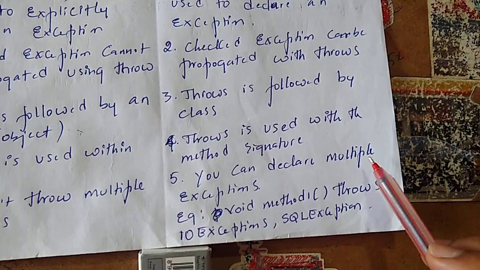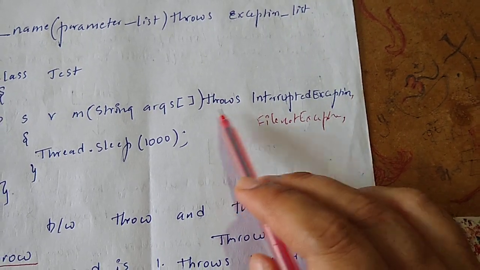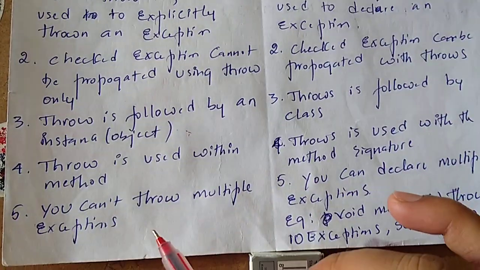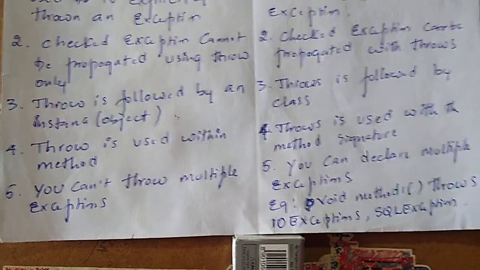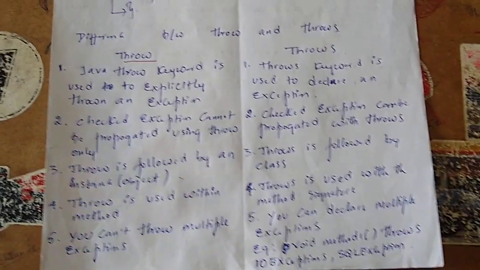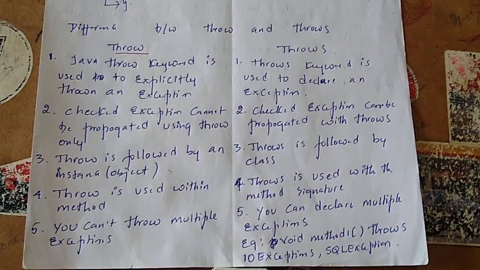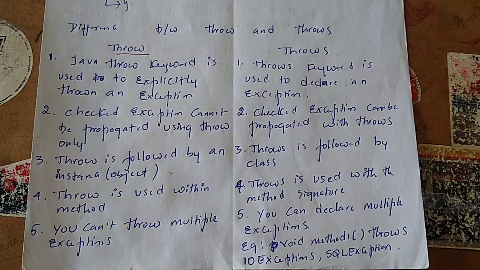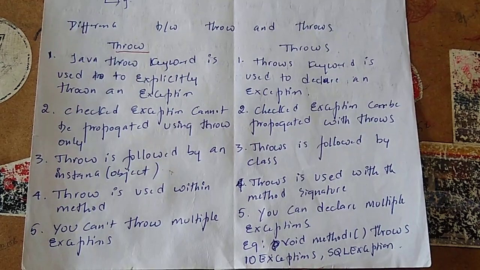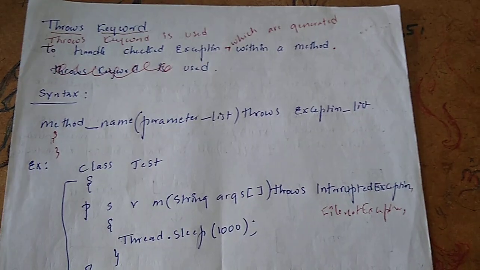You can declare multiple exceptions using the throws keyword. Here I have written two; you can write more than two using throws. Whereas with throw, we can throw at most only one exception. So just copy this particular difference. Okay, thank you.